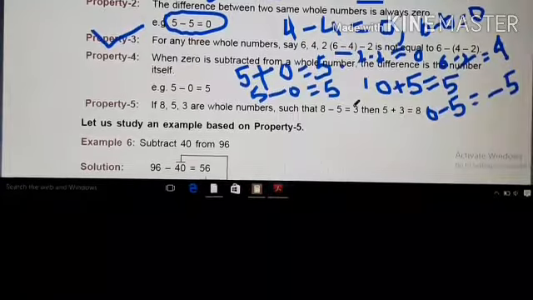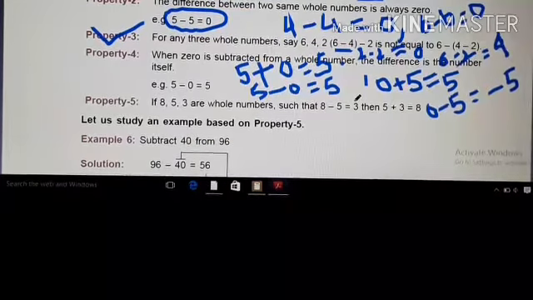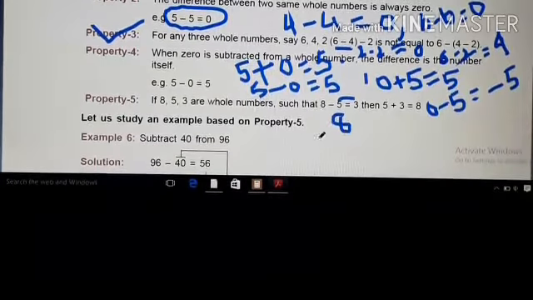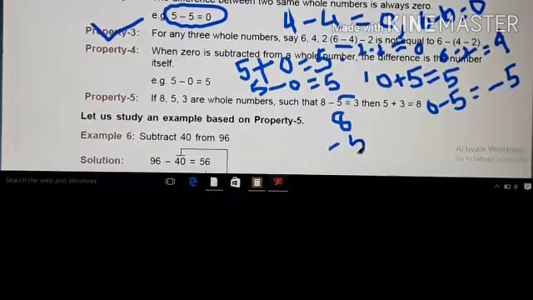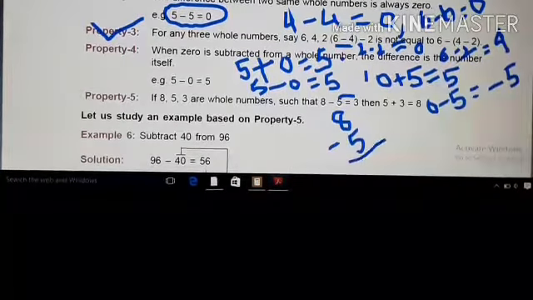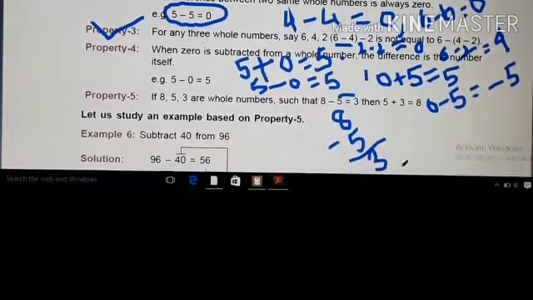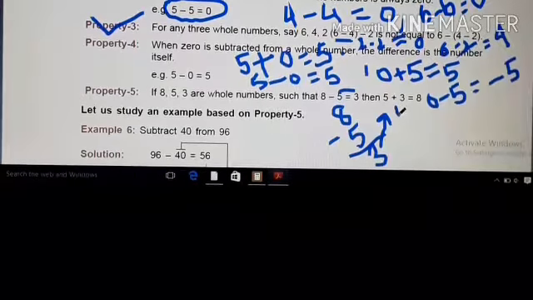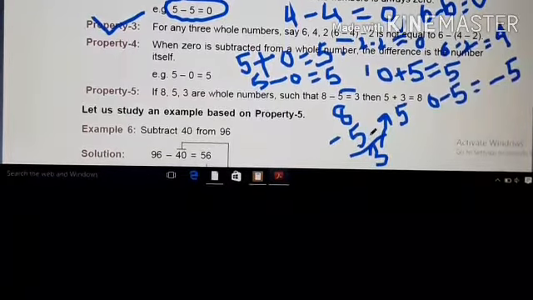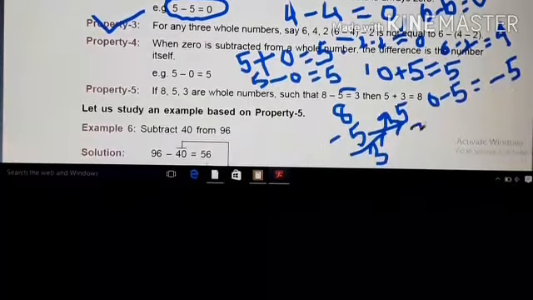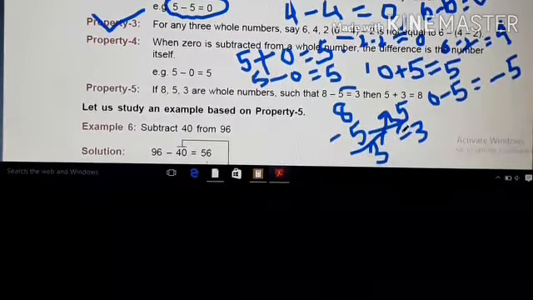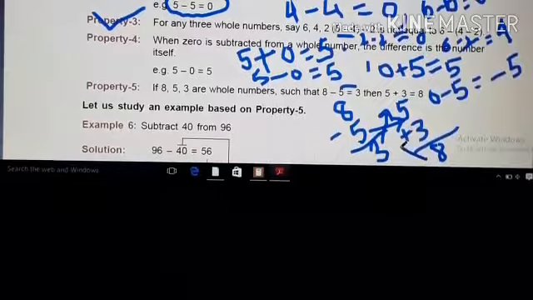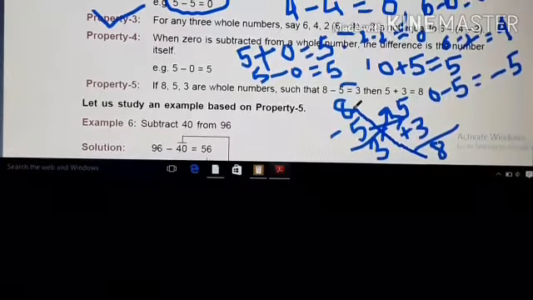If 8 minus 5 is 3, when 3 is added with 5, this gives you 8, that is, this number.